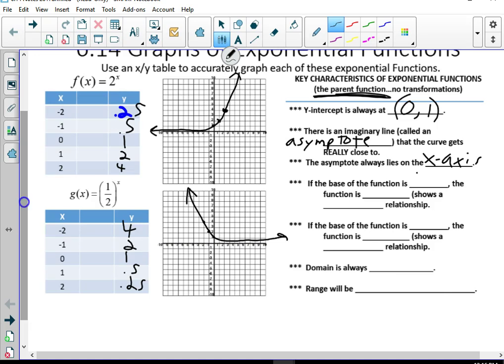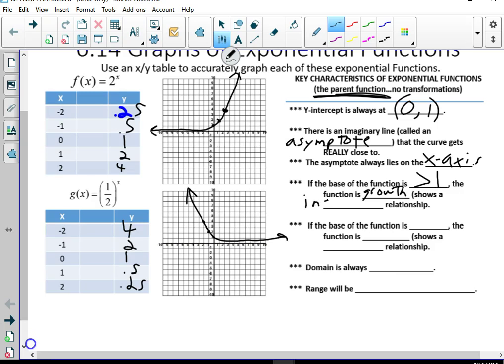Now, if the base of the function is greater than 1, the function is growth. If the base of the function is greater than 1, it's growth.